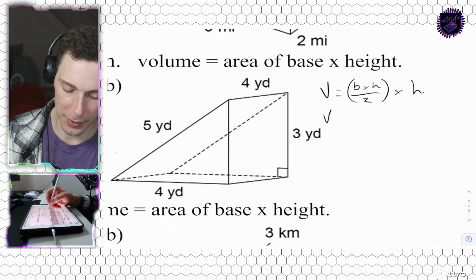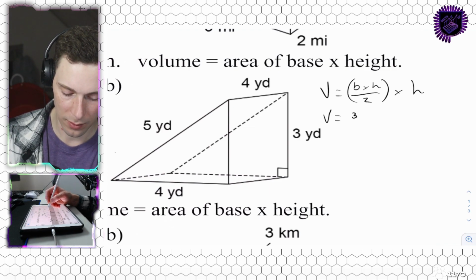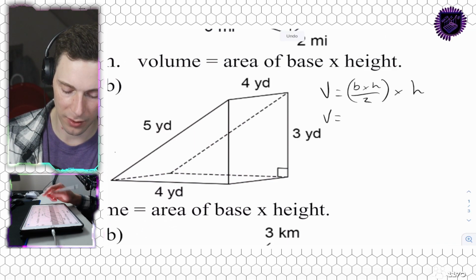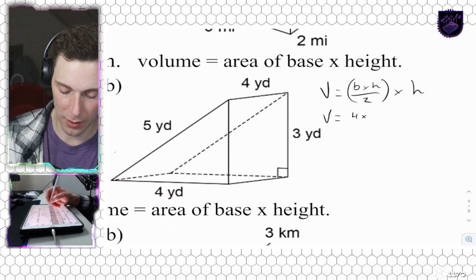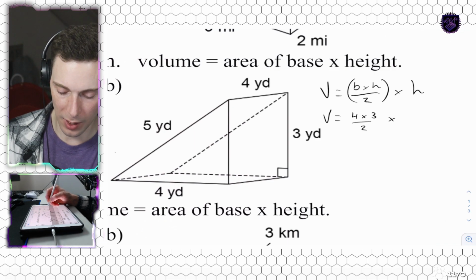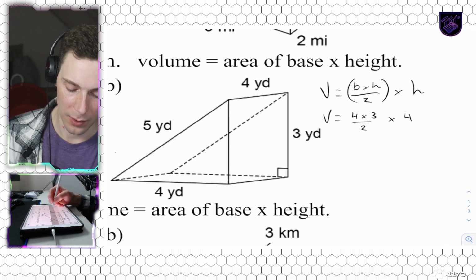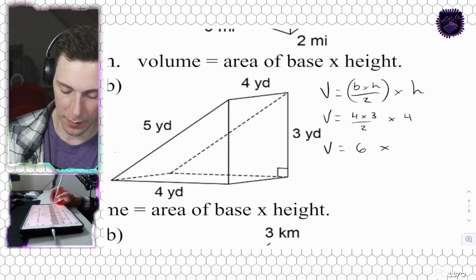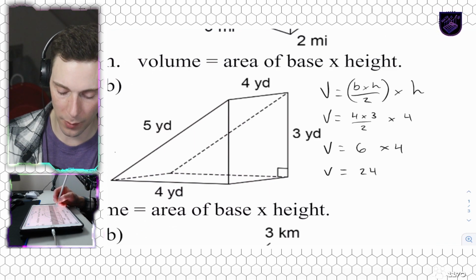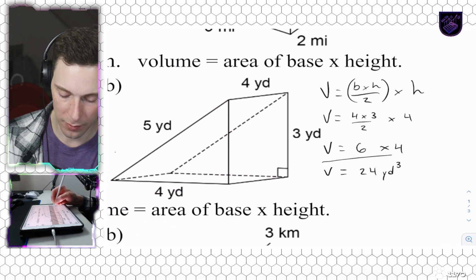So the volume will be equal to 4 times 3 divided by 2, times 4. The volume will be equal to 6 times 4. Volume will be equal to 24 yards cubed.